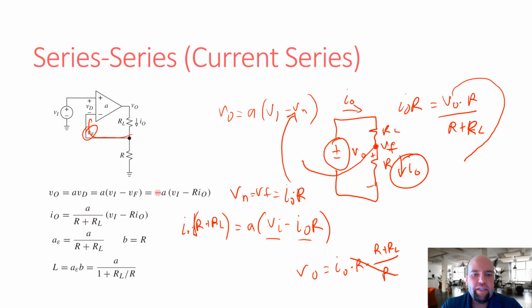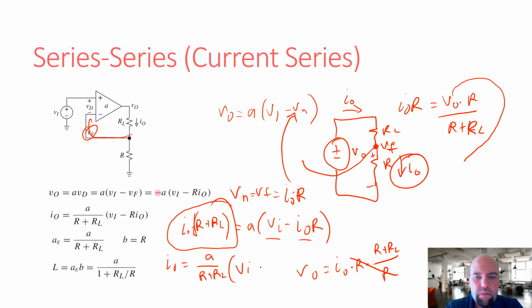Okay, the problem is this is not in the form we need it, right? We can't have this coefficient in front of here. So let's divide both sides of this equation by R plus RL. Boom. Okay, that's what we need.